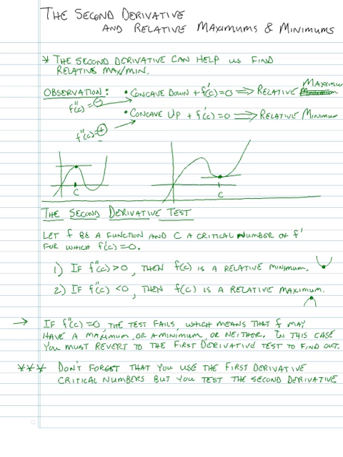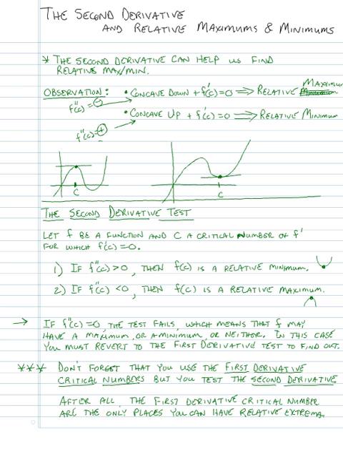Don't forget, for the second derivative test, you use the first derivative critical numbers, but you test those critical numbers in the second derivative. You've got to keep that in mind. Why?